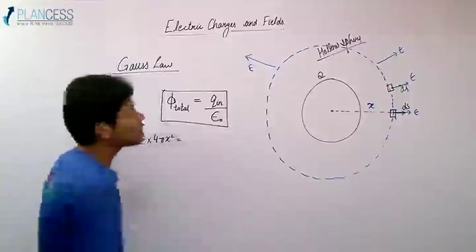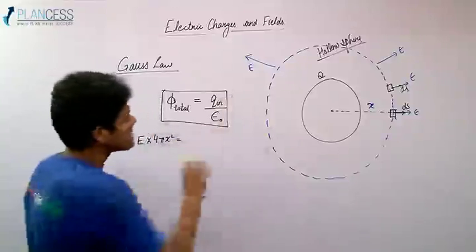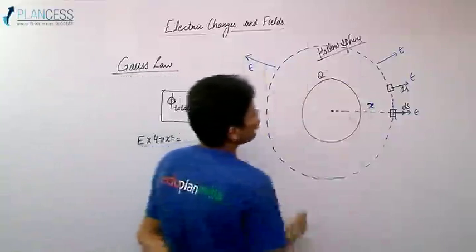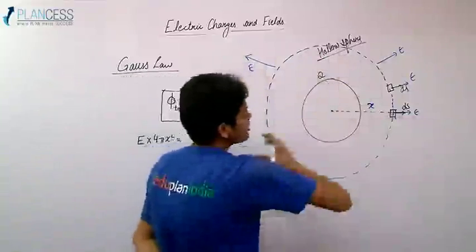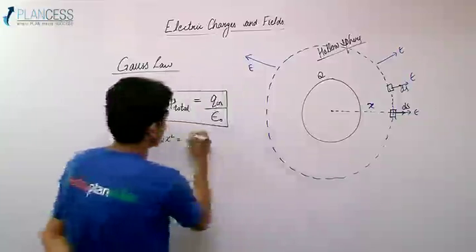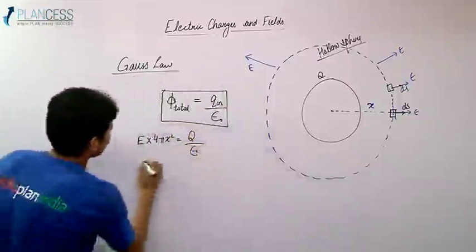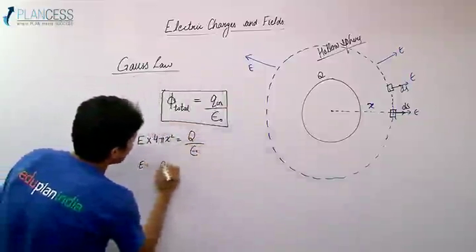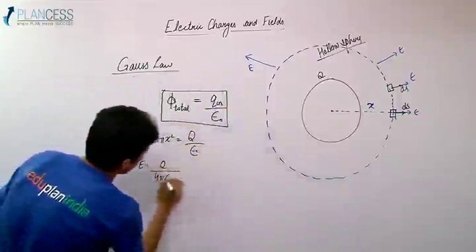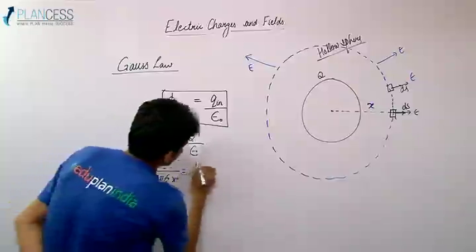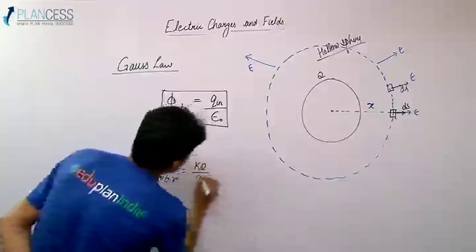This is equal to Q in upon epsilon naught. Q in is the total charge inside the hypothetical Gaussian surface, which is Q. So E would come out to be Q upon 4 pi epsilon naught x square, which is equal to KQ upon x square.